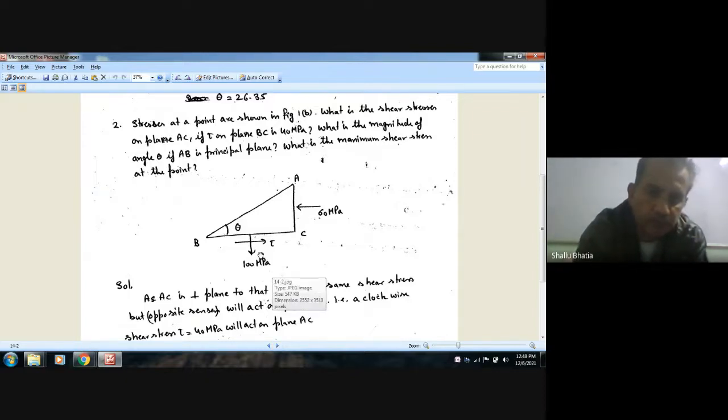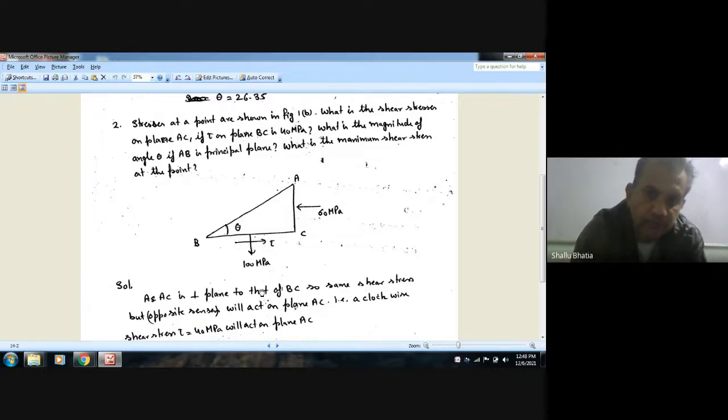So this is the tau acting on plane BC, and the stress on the perpendicular plane is the complementary shear stress, which is equal in magnitude to that tau. So the shear stress on plane AC is tau, but with opposite sense: if it is anti-clockwise, then it is clockwise.